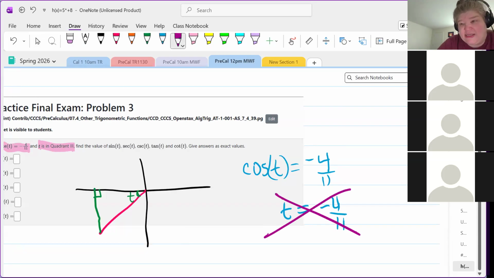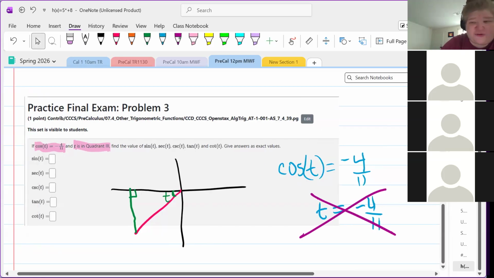That is not what this sentence is telling us. This math equation, the cosine of T is -4/11. The angle is some other number. I could figure out that angle, but that's not what this question is asking me to do. This question is asking me to answer what the other 5 trig functions are.